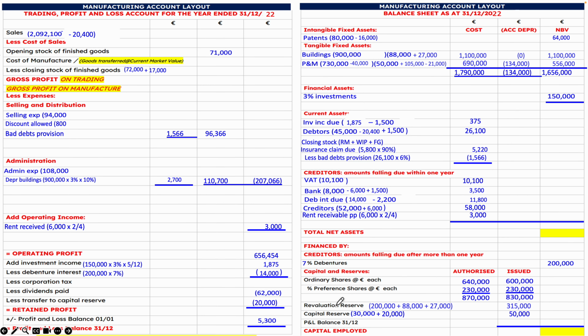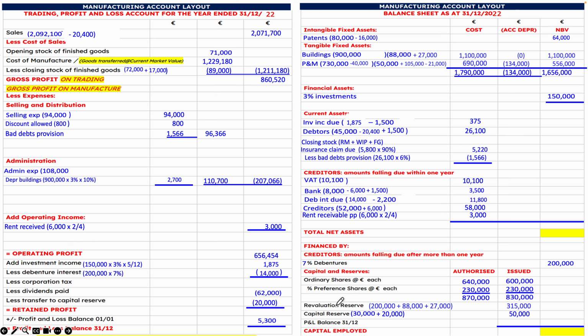Then we look at the P&L and the balance sheet. So sales, the cost of manufacture, we're bringing that over from the manufacturing account. Our sales 207,700. We take away our closing stock, and that gives me my cost of sales of 1,211,180. Take that away from the sales, and then we have 860,520.